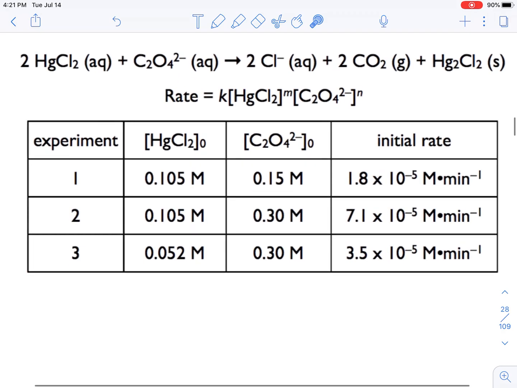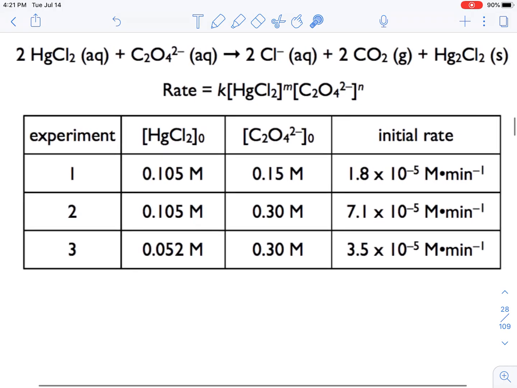All right, and so to ensure precision on how to calculate the orders of reaction, we're going to go ahead and build up our foundation on how to perform this type of reaction. And the first thing that we need to realize is that the initial rate, or the rate of reaction, is proportional between experiment 1, 2, and 3.